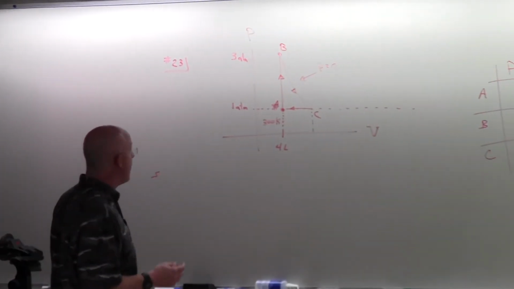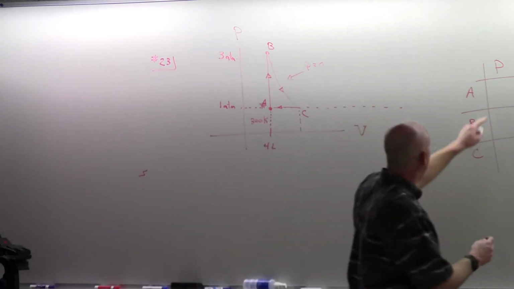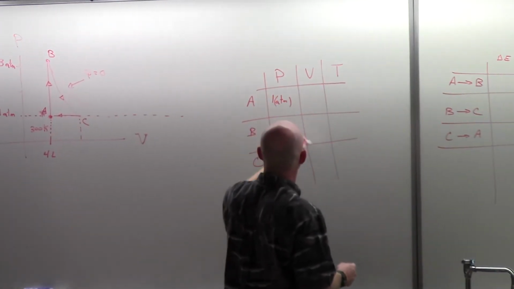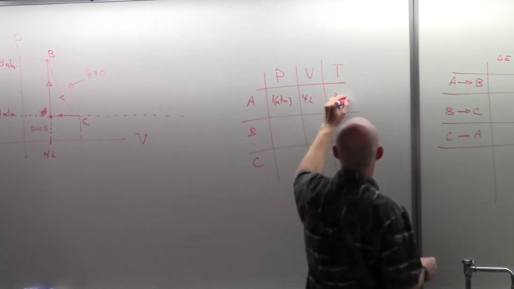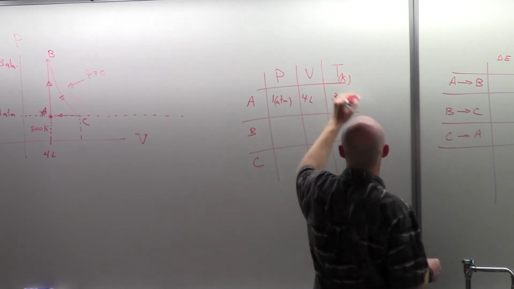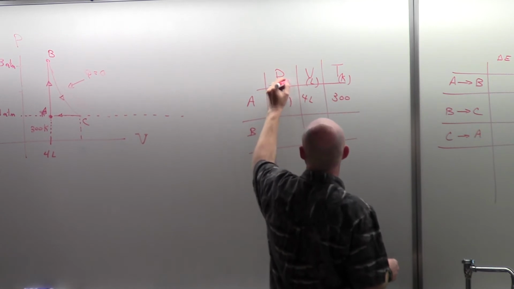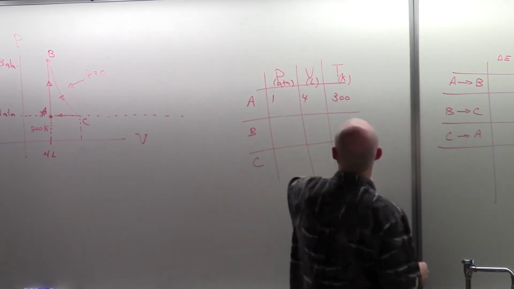Okay. And so a lot of these I already know. For example, at the very beginning step here, I know that the pressure is 1 atmosphere. I know the volume is 4 liters. I know the temperature is 300, and maybe I should just put my units up in the top of the chart so I don't have to keep writing them in the chart. How's that?